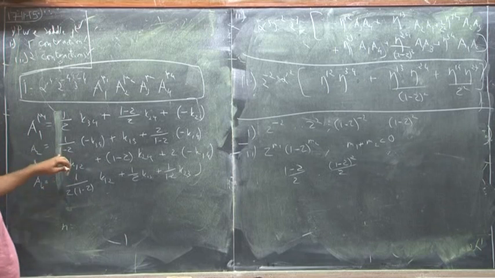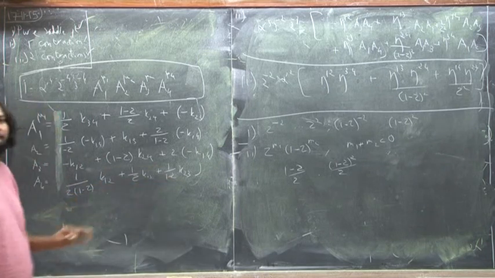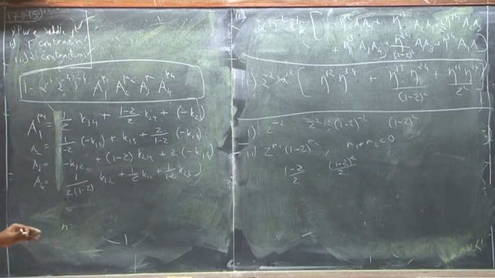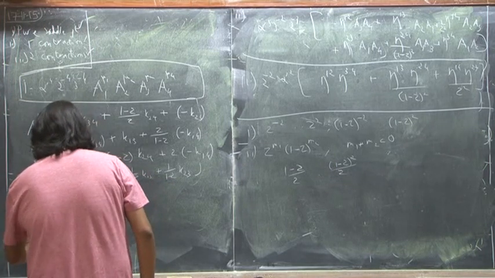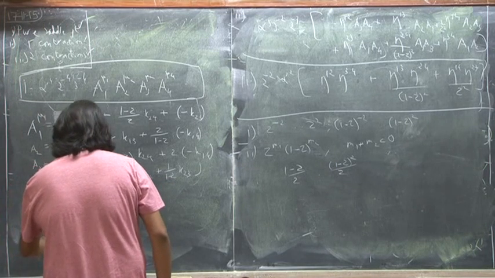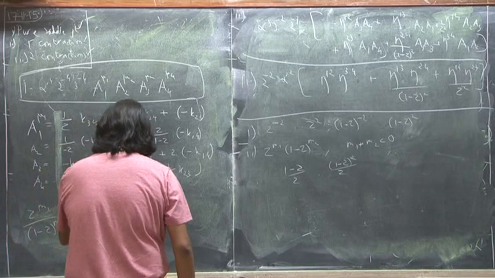This was 1, this was 2. This is 1, this is 1, minus 2. Okay. Z power m1 by 1 minus z power m2 over 2 m1 plus m2.